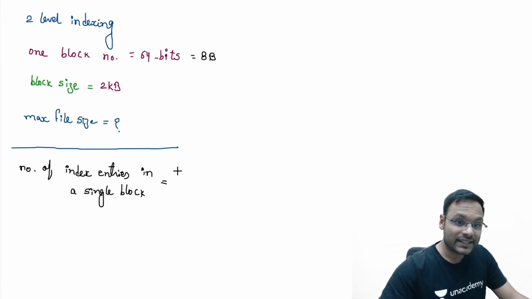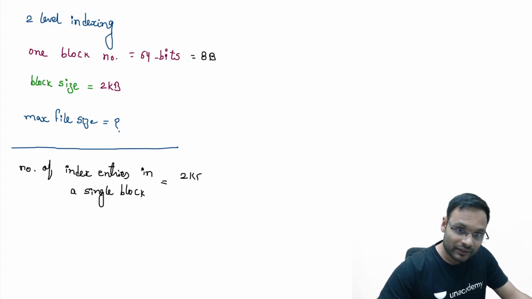Number of entries in a single block will be equal to block size, 2 kilobyte, divided by 8 byte. 2 power 11 divided by 2 power 3 is 2 power 8, which is 256 entries.